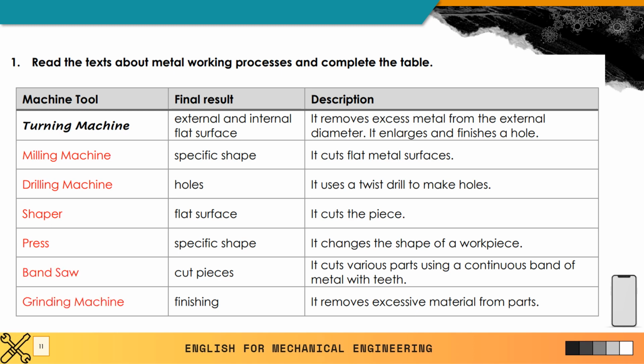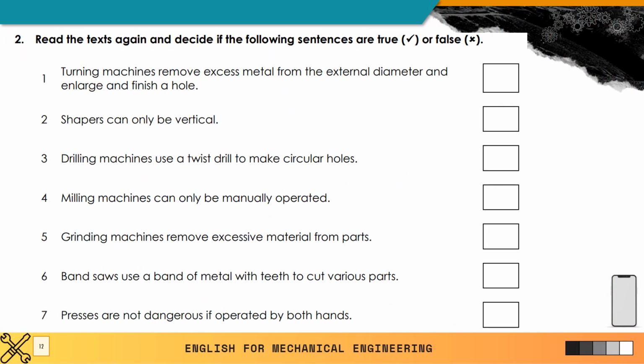Band saw to cut pieces, and grinding machine for finishing. It removes excessive material, could be metal, from parts. Okay, so turning machine, milling machine, drilling, shaper, press, bandsaw, and grinding machine were the answers.